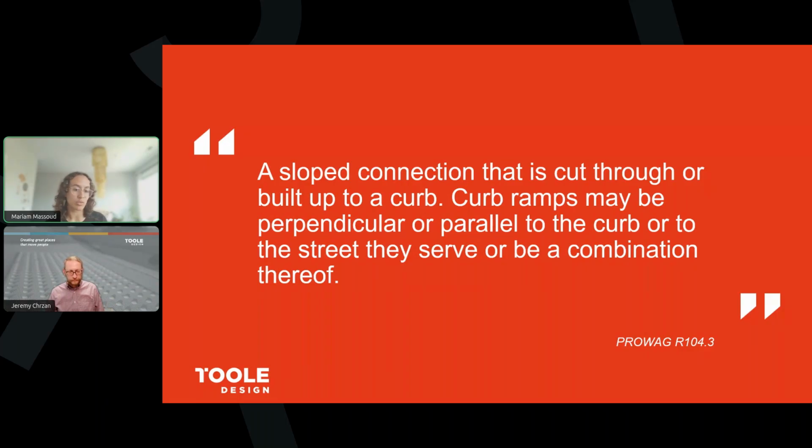We'll talk about types of curb ramps a little bit later, but this alludes to the fact that the actual ramping portion could be perpendicular to the street or parallel to the street or both. And then the first line says that the sloped connection can be either cut through or built up. The vast majority of the curb ramps we design will be cut through the curb. Built up curb ramps are an option in PROWAG. They're usually only used during construction and for temporary curb ramps, and that is also a future section.